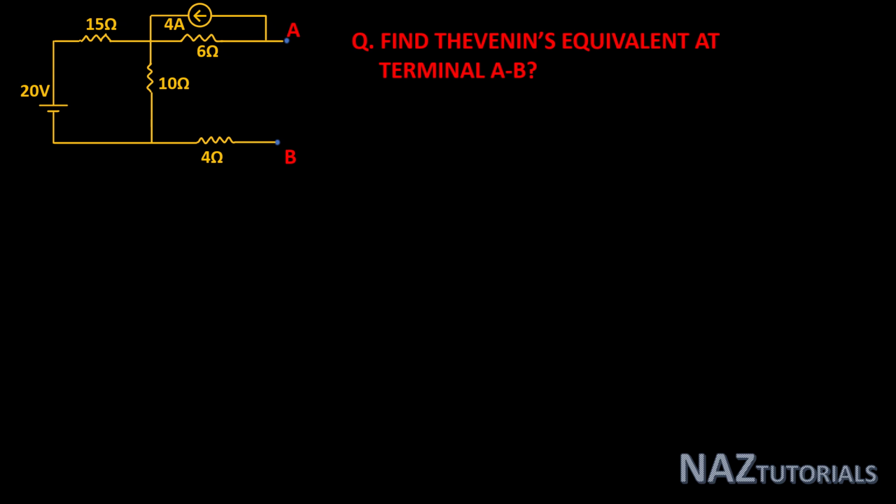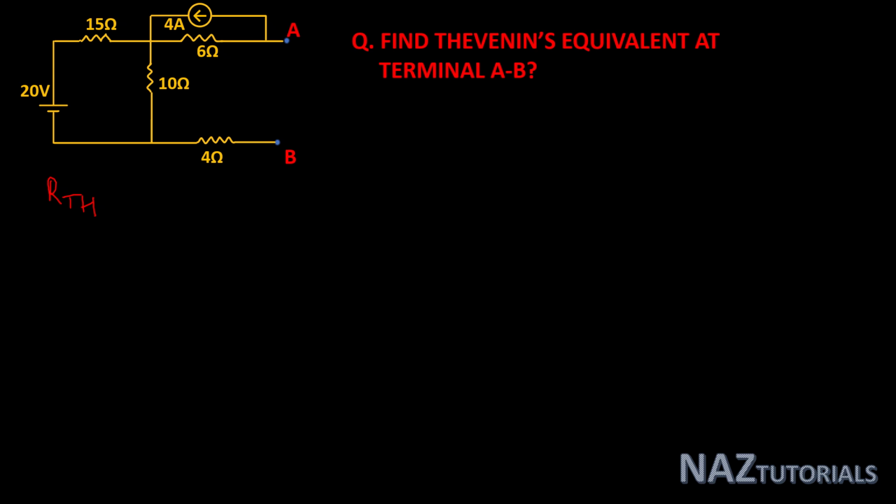Now let's see the calculation of RTh. RTh is basically an equivalent resistance looking back to the terminal while all the independent sources are replaced by their internal resistances. So here there is one 20 volt source and another 4 ampere current source. So the 20 volt will be replaced by zero resistance and the 4 ampere will be replaced by infinite resistance. The 20 volt becomes short circuited and the 4 ampere becomes open circuited.